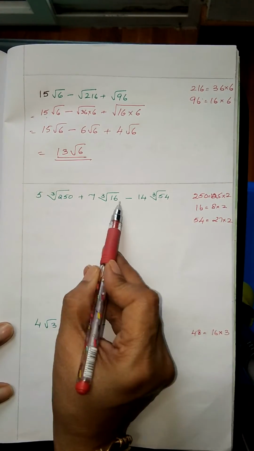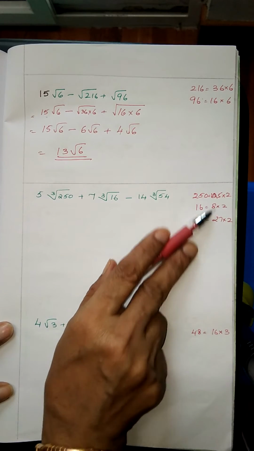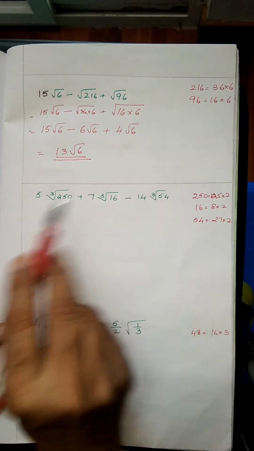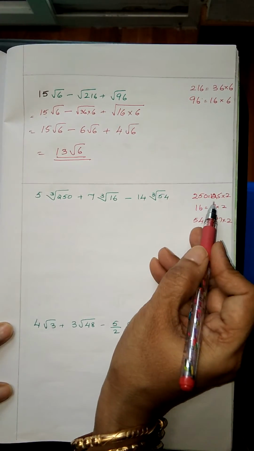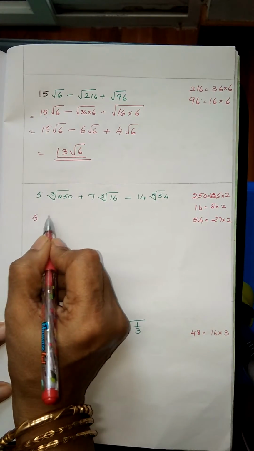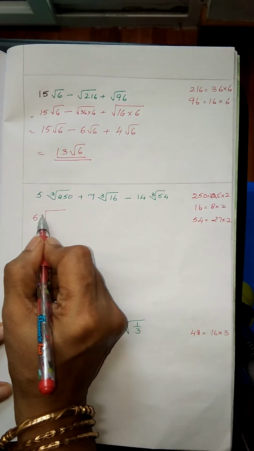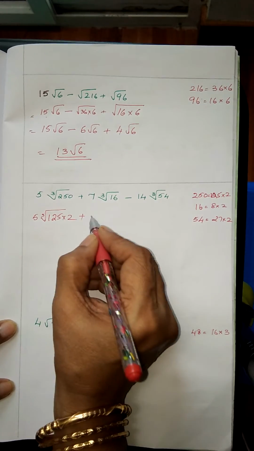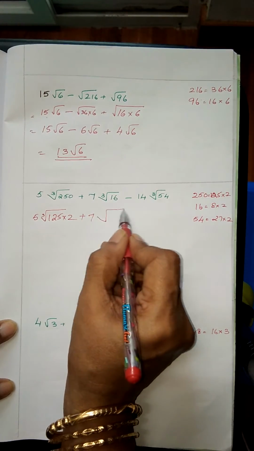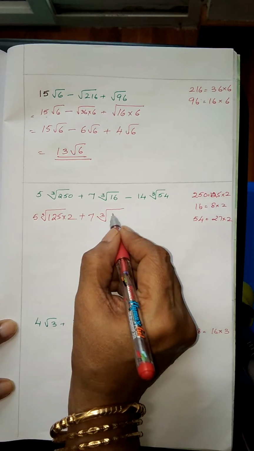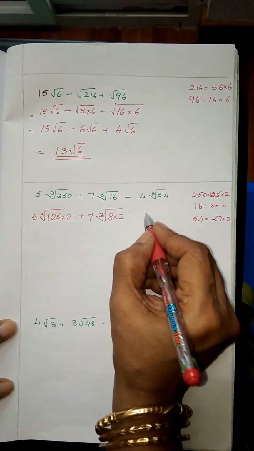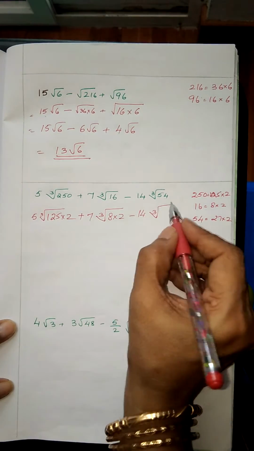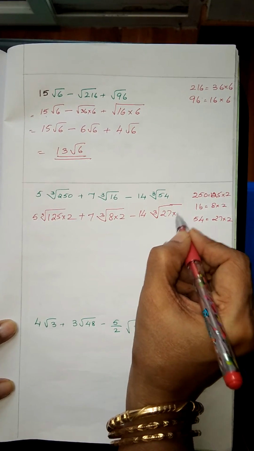Here, 250, 16 and 54, we will try to factorize. 250 we can write as 125 into 2. 125 can be written as 5 cubed, so 5 cube root of 125 into 2, plus 7 cube root of 16, which can be written as 8 into 2, minus 14 into cube root of 54, which can be written as 27 into 2.